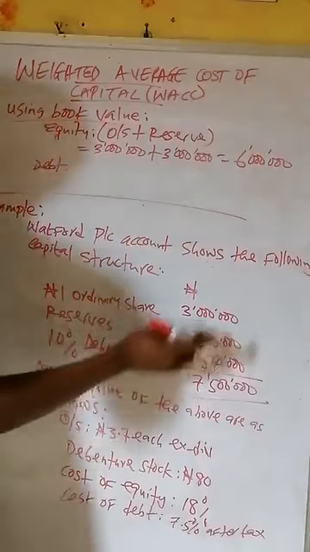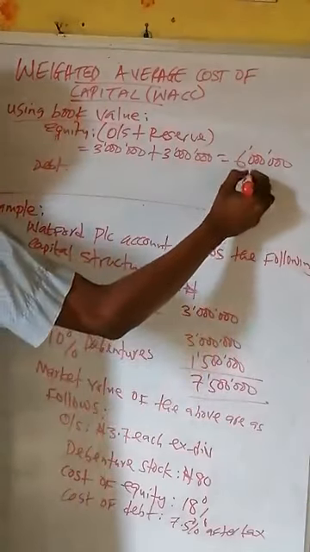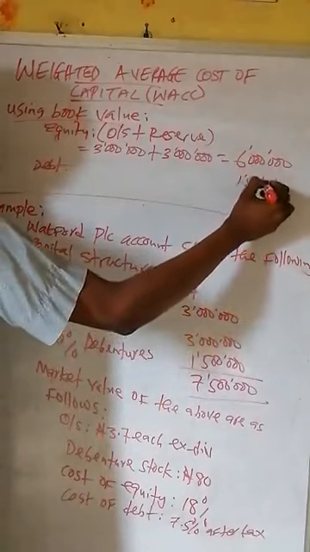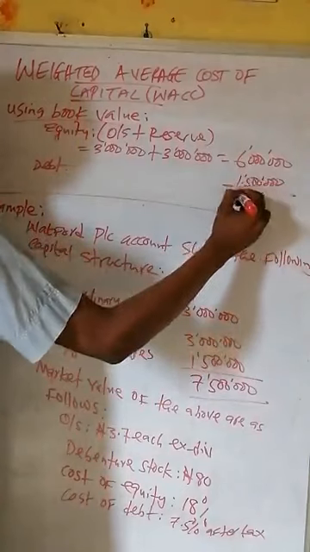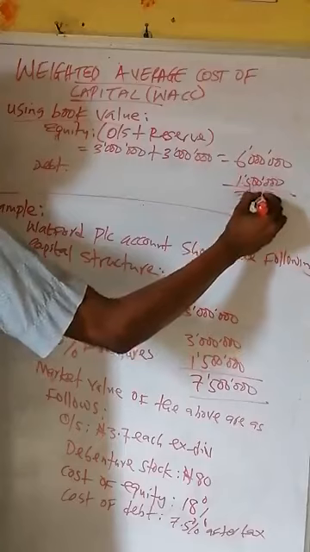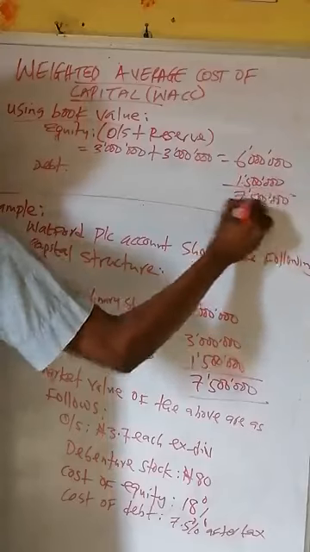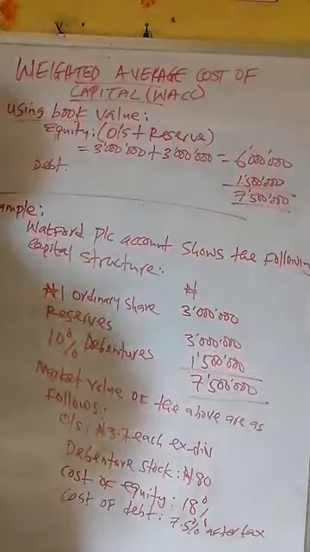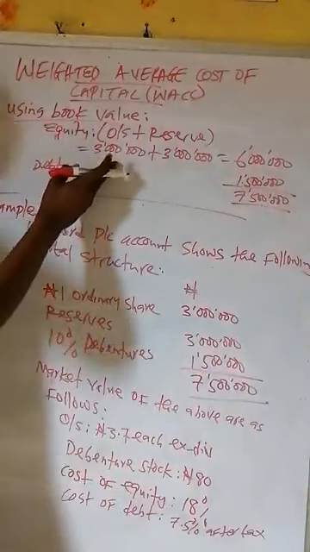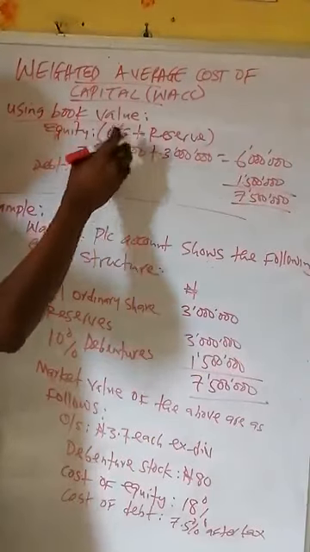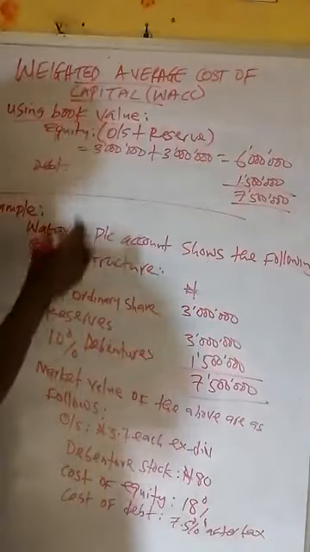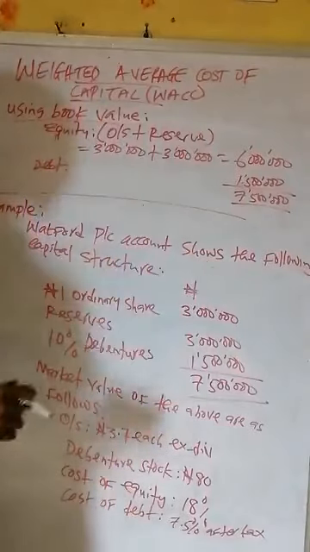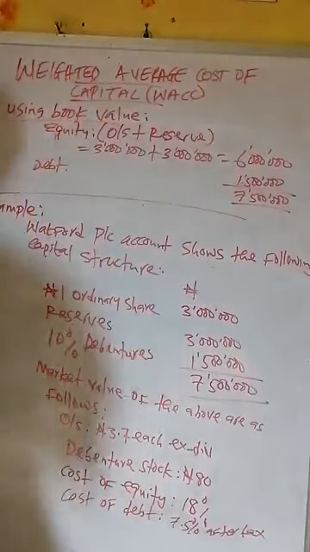So the value of our debt is 1,500,000, which now gives us 7,500,000. So this is the value now. You can see that the value of equity has changed: ordinary share plus reserve, 3 million plus 3 million gives us 6 million.